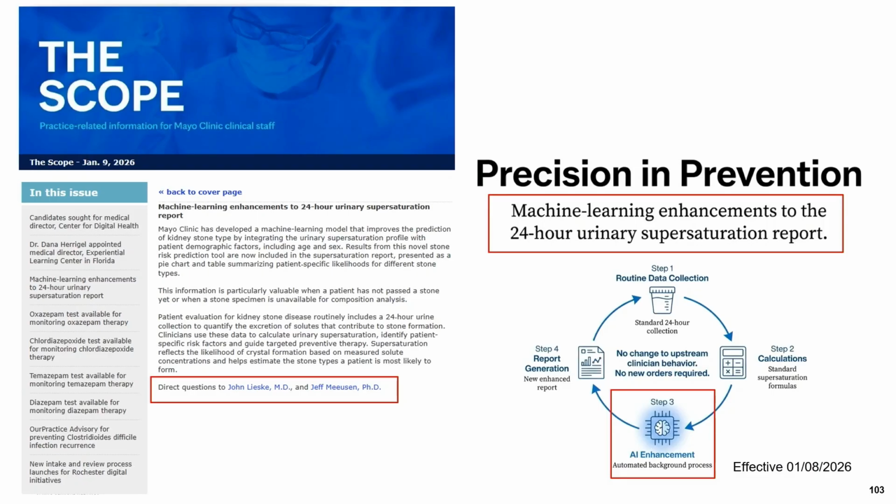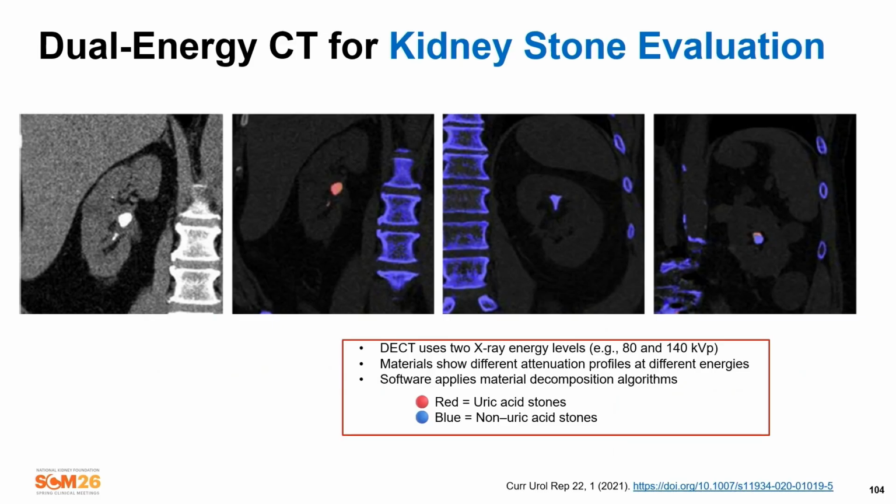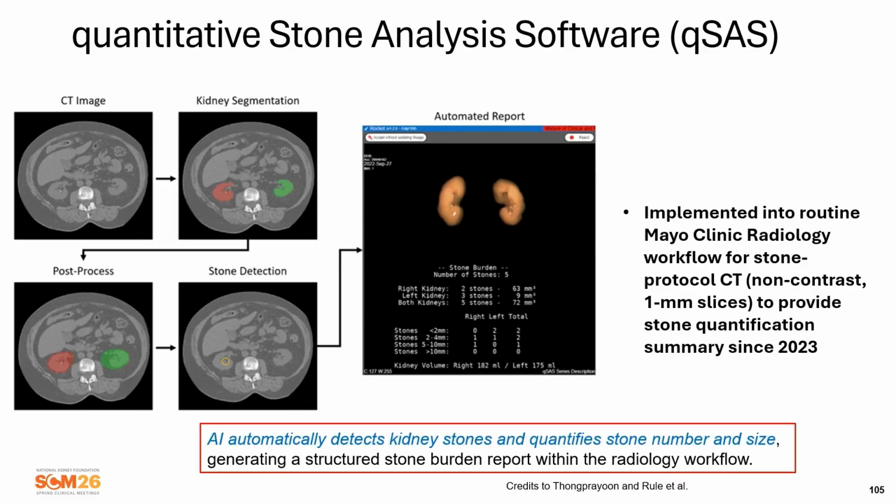So now we know the percent chance of kidney stones, like calcium oxalate or uric acid stone. And also from the scan, you can see from the software that the kidney stone turns red for uric acid and blue for calcium stone. So based on this software, we also understand whether it is a uric acid or calcium-based stone.